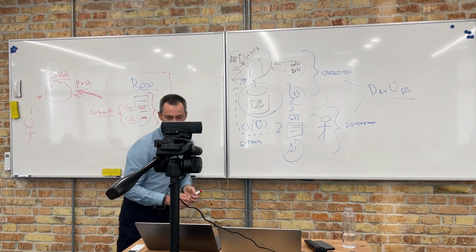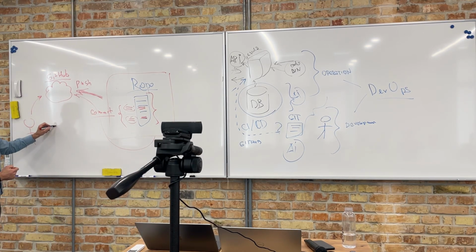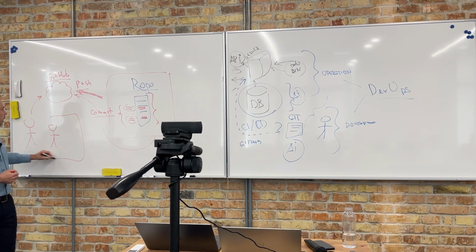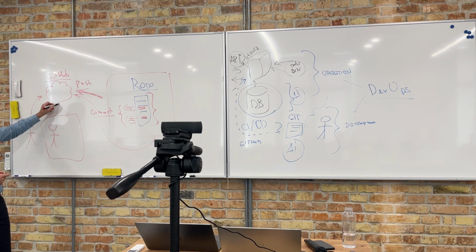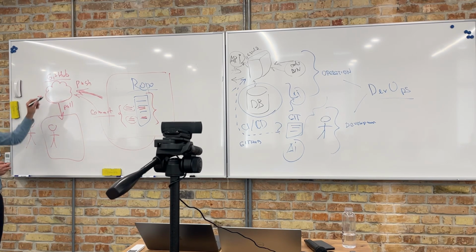And the backward command is pull. When, for example, your teammate wants to have access to your code on their local machine, I need to pull. I need to get the last version of this repository onto my local machine.